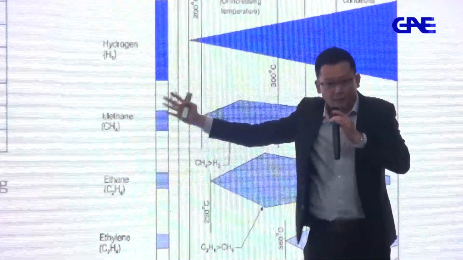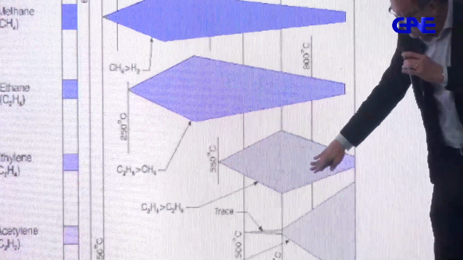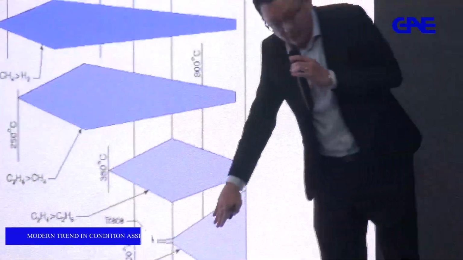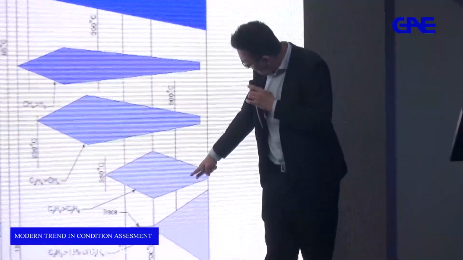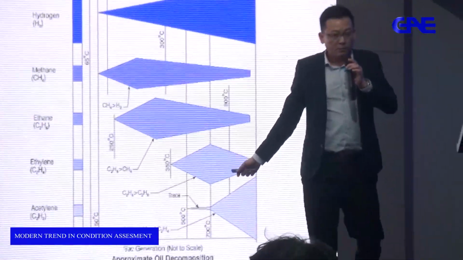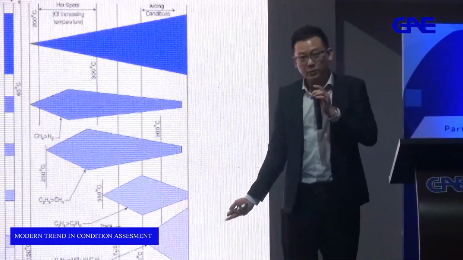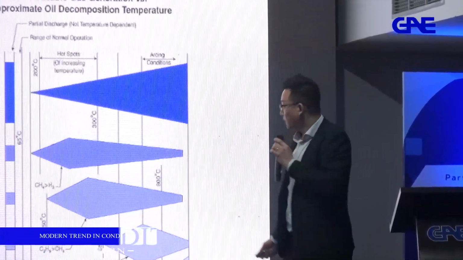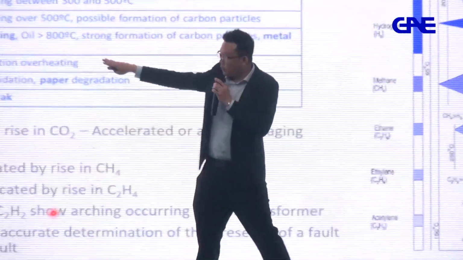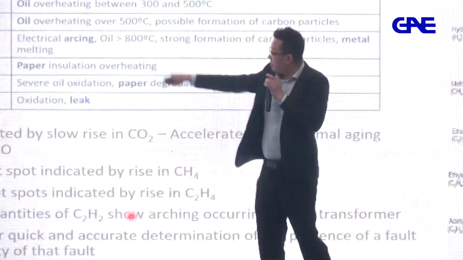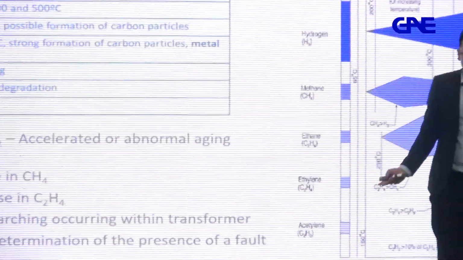Okay, but when temperature goes higher, you realize that when it reaches ethylene, acetylene, which is the highest, at around probably 500 degrees Celsius, what are we seeing in a transformer? Arcing, electrical fault, right? So which is why over here we mention that electrical arcing, oil is more than 800 degrees Celsius, all right? Strong formation of carbon particles, metal melting, all this, all right?